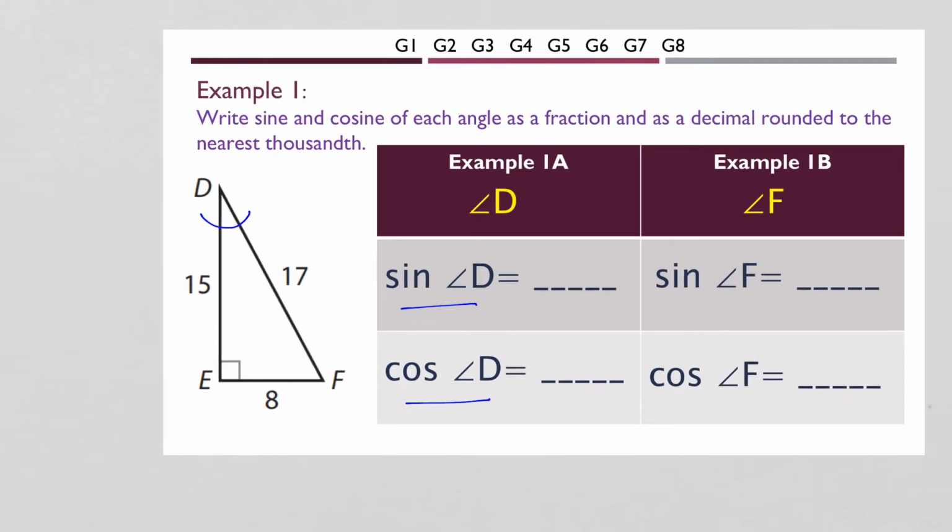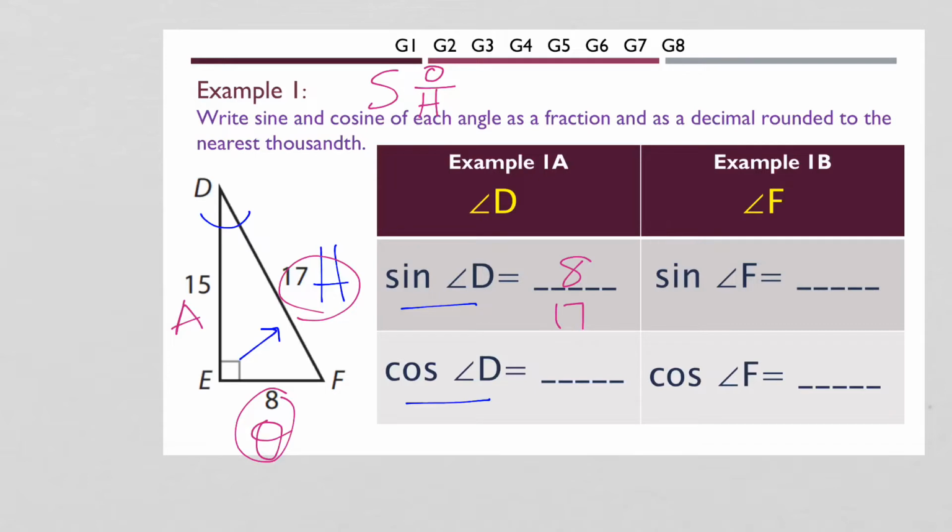So based on angle D, the hypotenuse isn't going to change. DF is a hypotenuse. It's opposite the right angle. Opposite of angle D would be EF. So this is O for opposite, which means that DE is my adjacent side. So sine of D, sine is SOH, so O over H, O is 8, and H is 17.